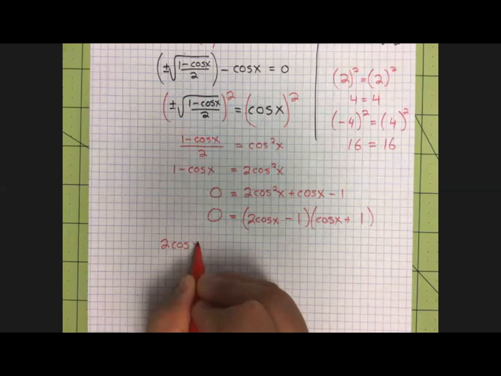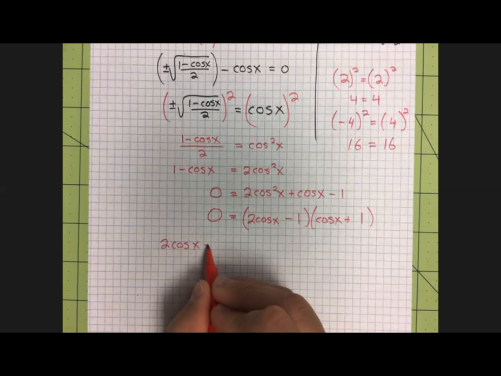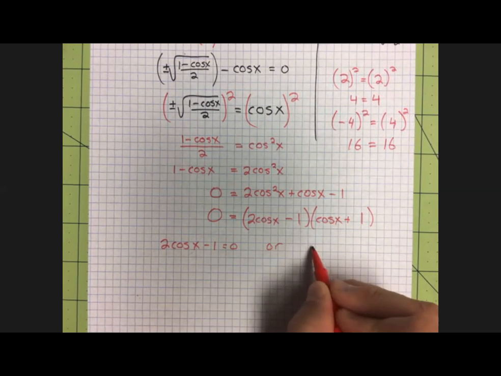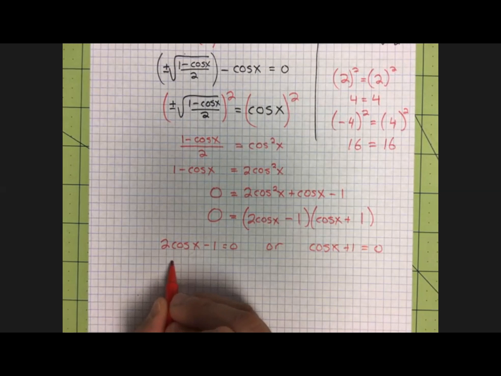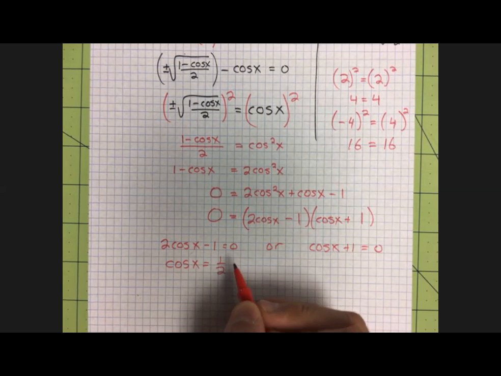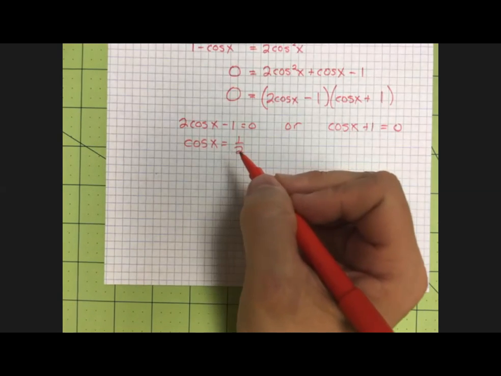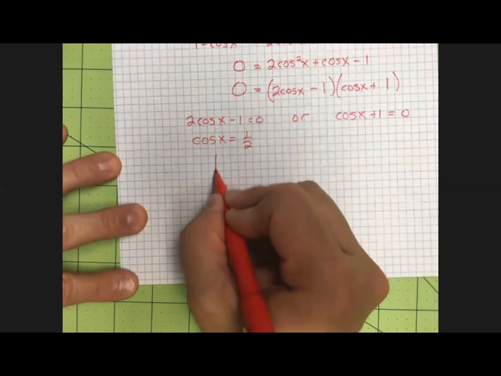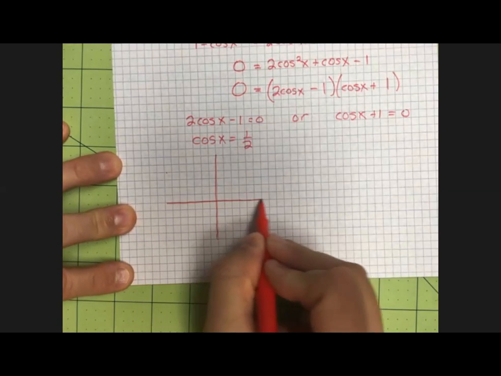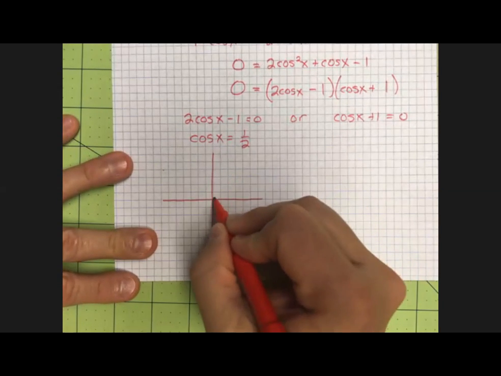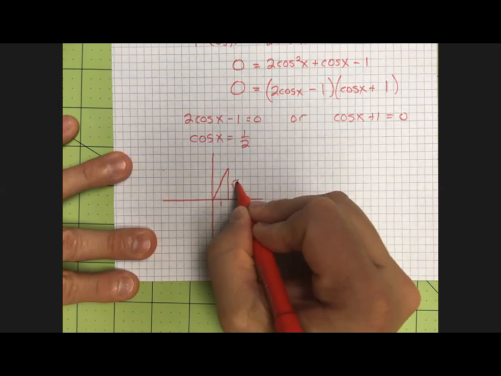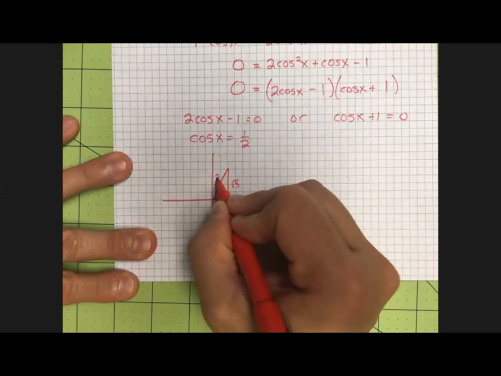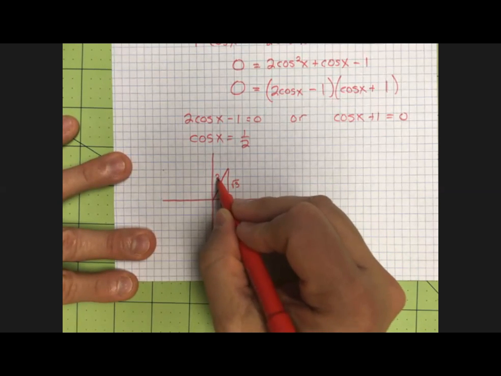And I get 2 possibilities. 2 cosine x minus 1 is 0, or cosine x plus 1 is 0. If I add 1 to both sides, divide by 2, cosine x is 1/2. And I know 2 angles that do that. Angle of 30, 60, 90 with cosine of 1/2.